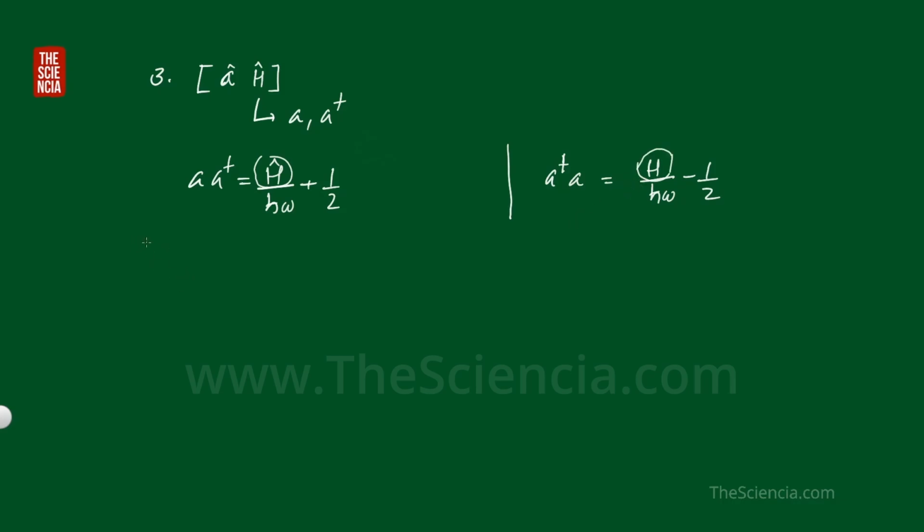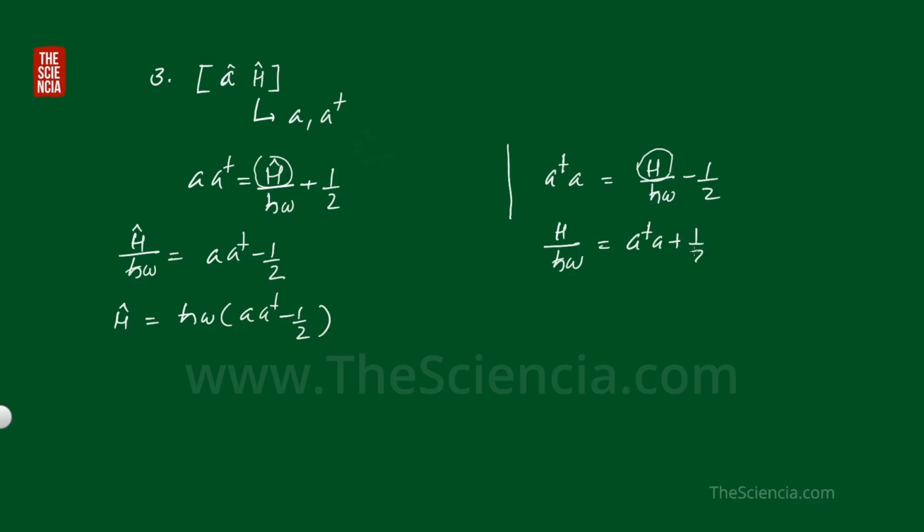That is, here H by H cross omega is equal to A A dagger minus half. Therefore H is equal to H cross omega into A A dagger minus half. And from this equation, H by H cross omega is equal to A dagger A plus 1 by 2.